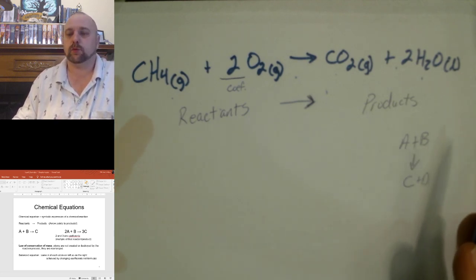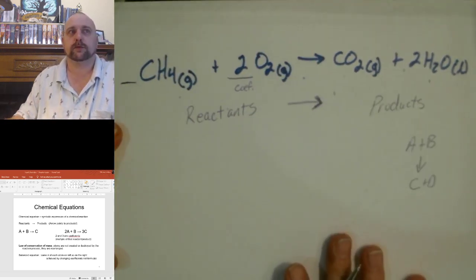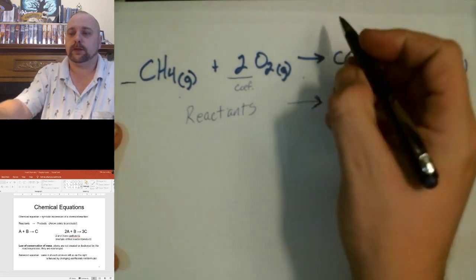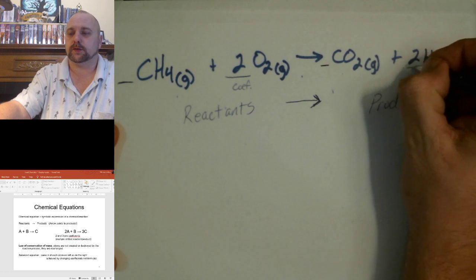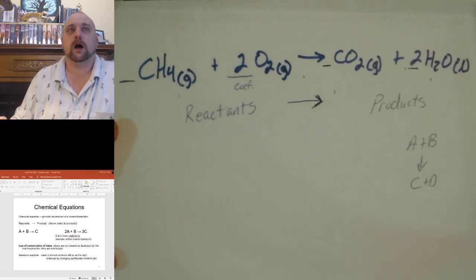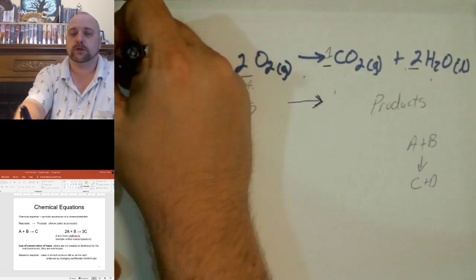There's one before the first thing, one after the arrow, and one after each plus. And if there's not a coefficient shown, it's understood to be a 1. So I can go ahead and add these 1s back in.